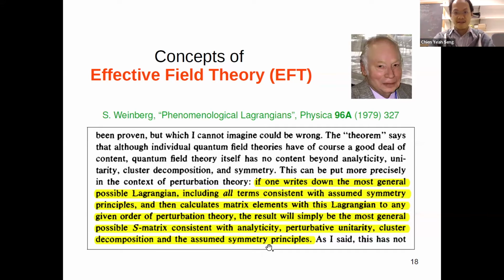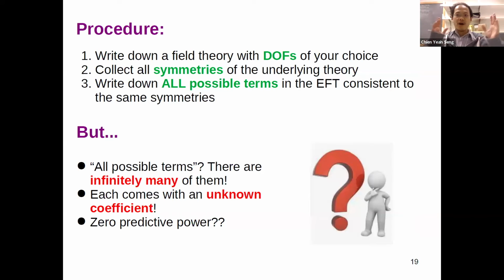So what does it mean? It means the following. If you want to describe an interaction using a quantum field theory, what you can do is just write down a field theory using the degrees of freedom that you want, that is most convenient to you.